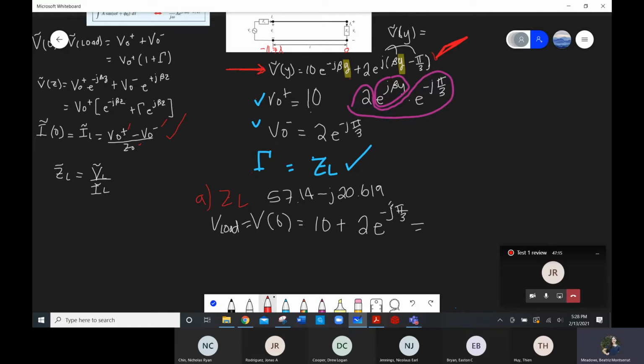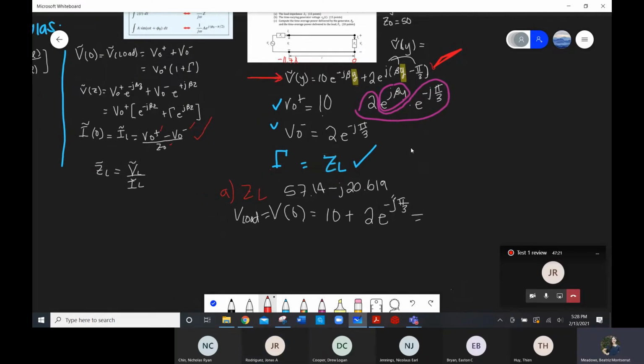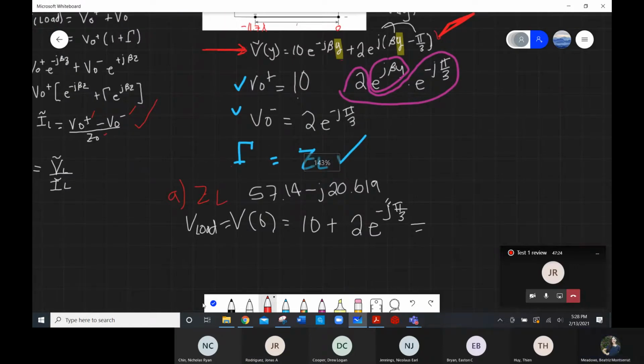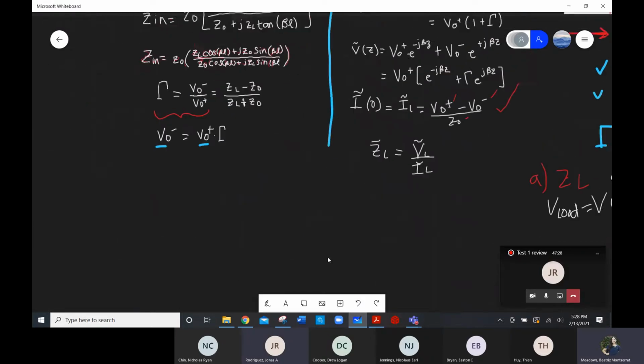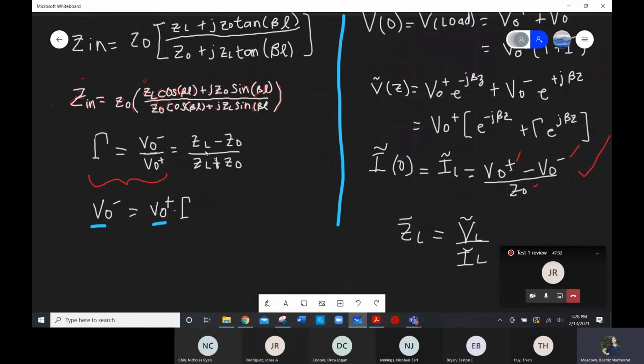I gave you 2 ways. The first way was through the gamma equation, so you just solve for ZL here. And the second way is just solving for current at the load. No surprises.